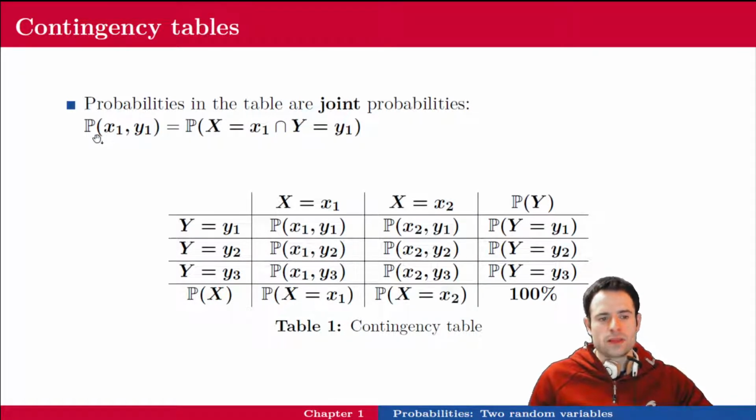This means this is the probability that big X is equal to small x1 and big Y is equal to small y1. And so, by listing all the values that Y can take here in rows and all the values that X can take here in columns, in the middle, I'm going to list all of these probabilities.